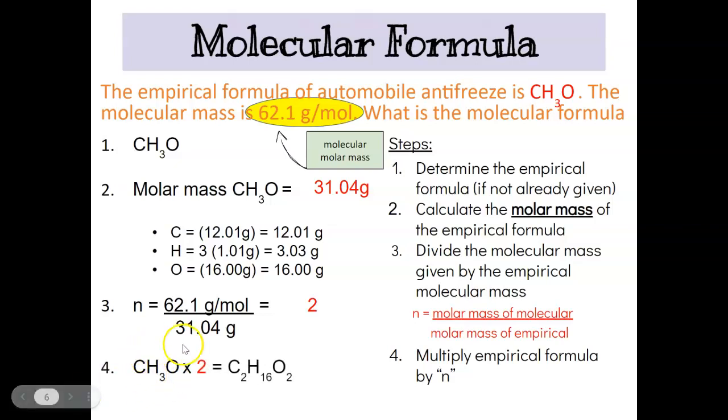So the 1 times 2 will be 2. 3 times 2 will become 6. That says 16, it should be 6. And then 1 times 2 is 2. So it should be C2H6O2. And that's just a typo in the slides. I'll go back and fix that. But it should be C2H6O2.